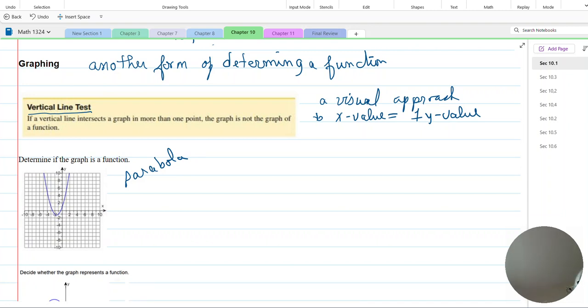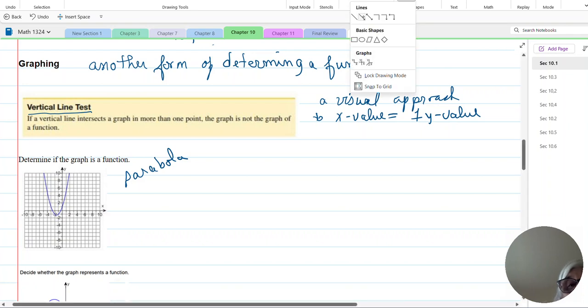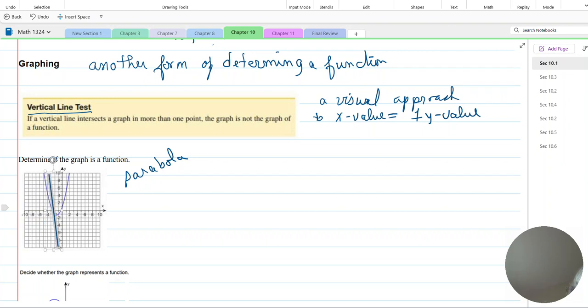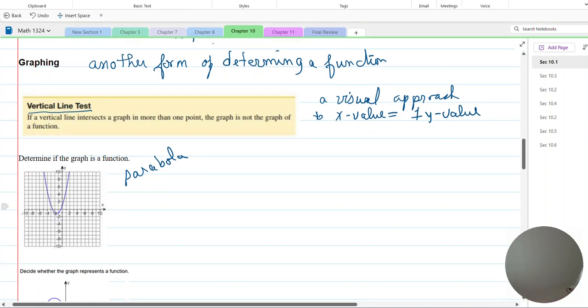Okay, so if I draw some lines, oops, sorry, I was using this so it wouldn't be crooked, and it is. Sorry about that. I'm going to do it by hand.